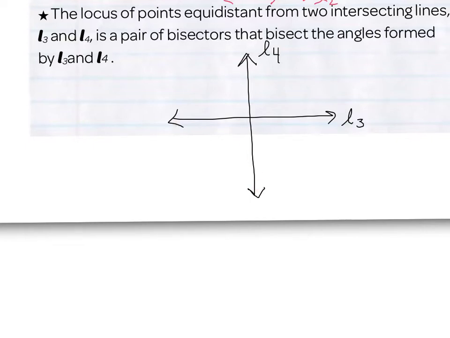What would that look like? You guessed it. Here are those 2 lines. Okay, so these lines are the locus of points that are equal distance from these 2 intersecting lines, and they do bisect these angles here. Okay, so again, our answer for this one is 2 lines.